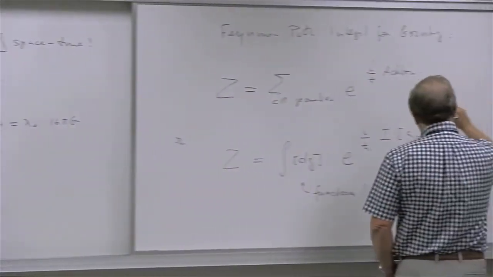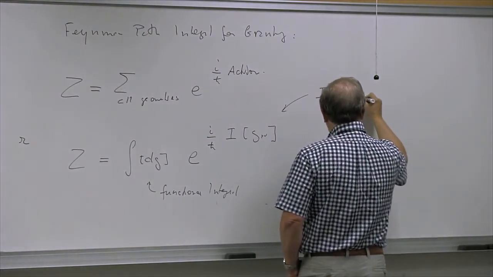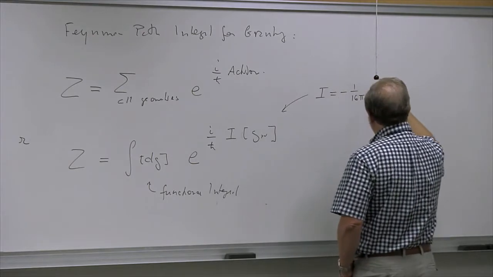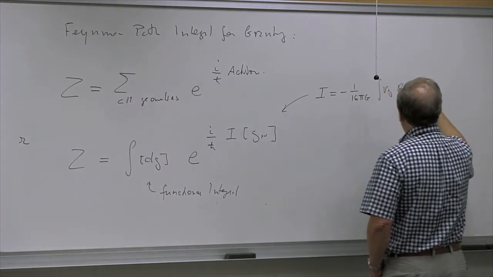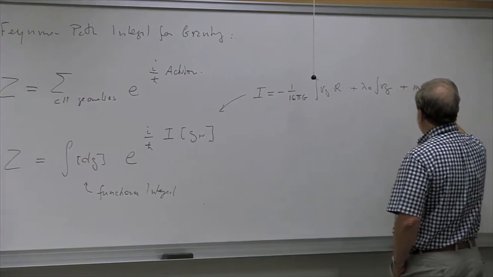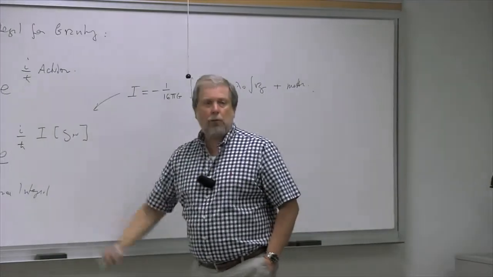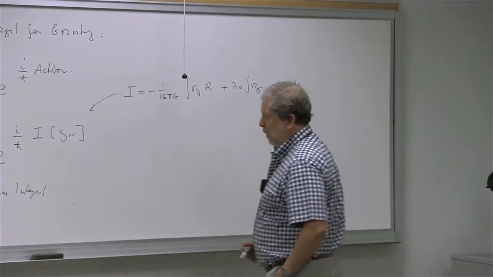So this I_g here is equal to 1 over 16 pi G times the integral of root g R, plus lambda naught times the integral of root g, plus the matter part. And if you have the matter part, of course, you'd have to integrate over the matter fields.